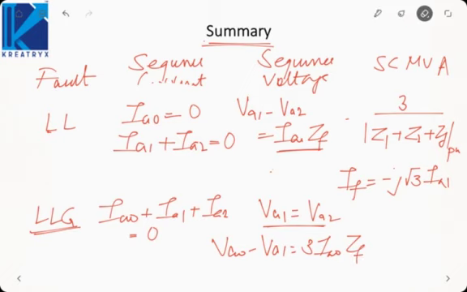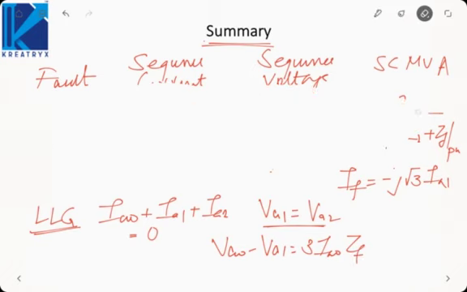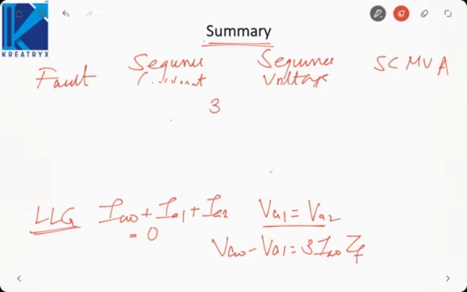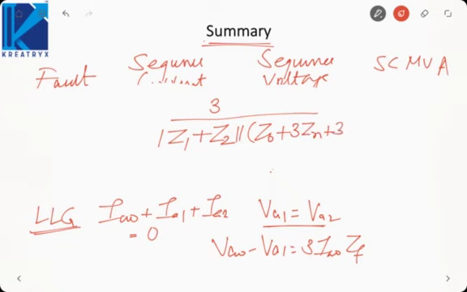And what happened to the short circuit MVA? The short circuit MVA for a double LG fault was 3 by mod Z1 plus Z2 parallel with Z0 plus 3Zn plus 3ZF in PU. What was the fault current? It was equal to 3 times IA0. So that is actually the line to ground fault current.